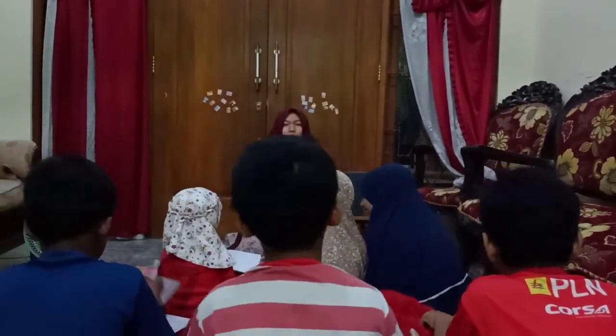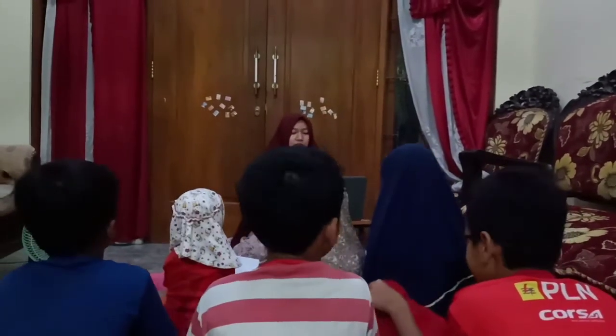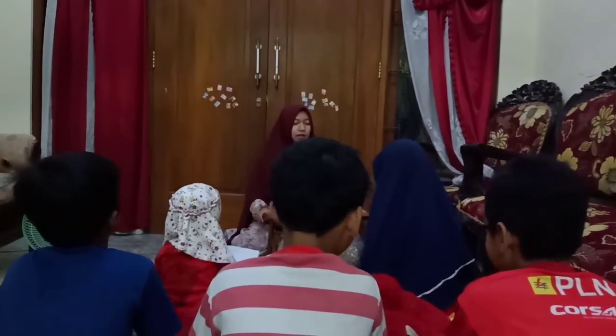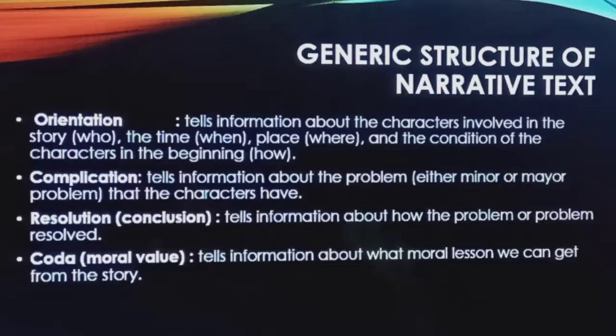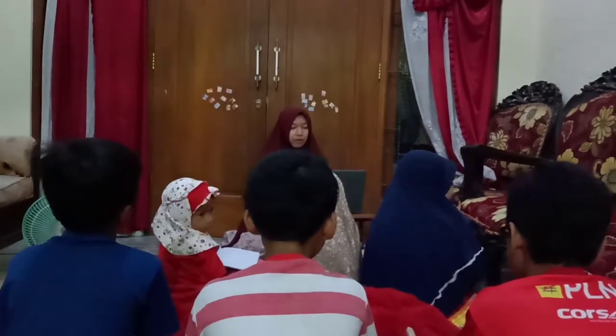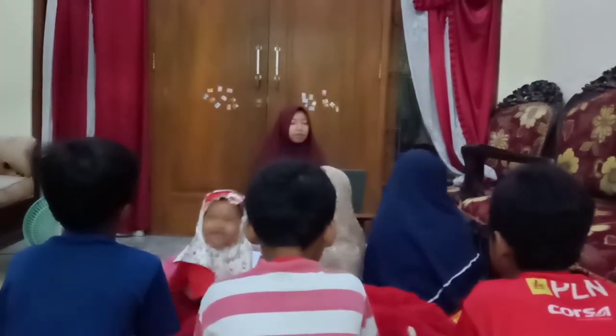And then we're going to talk about the generic structure of narrative text. There is orientation, complication, resolution, and coda. Orientation tells information about the characters involved in the story, who, the time, when, and the place, where, and the condition of the characters in the beginning.